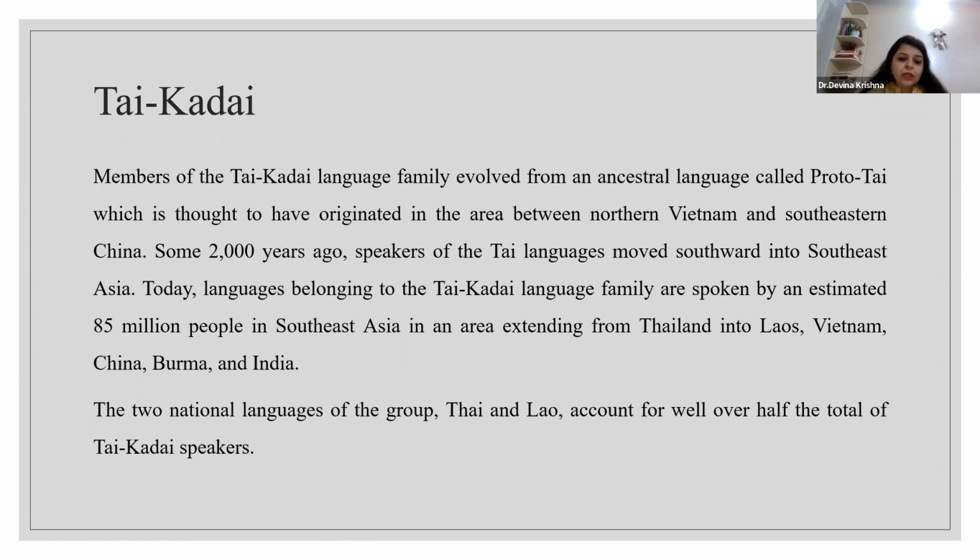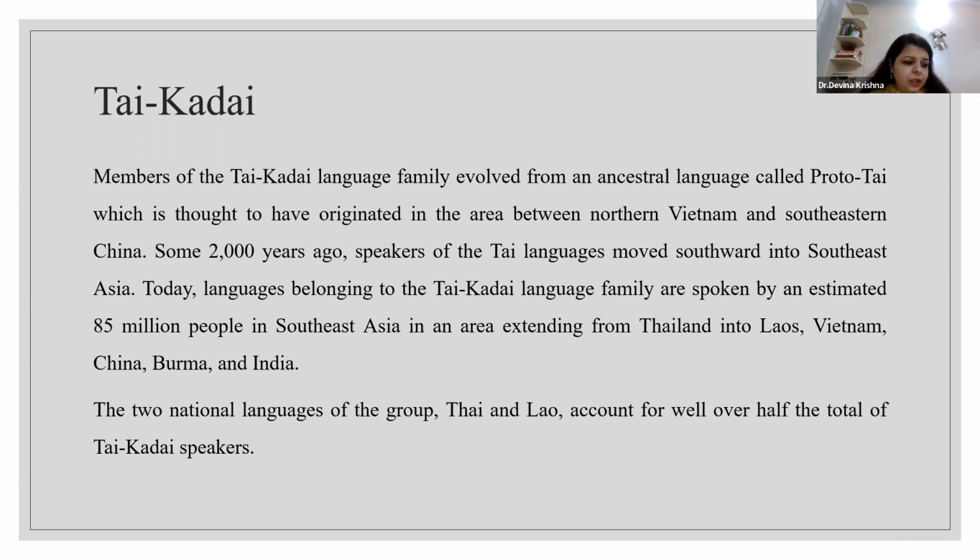The two national languages of the group, Thai and Lao, account for well over half the total of Tai-Kadai speakers. Let me tell you that out of the 7 languages in its fold, Ahom and Nora have become completely extinct, which means there are no speakers left to speak the language.